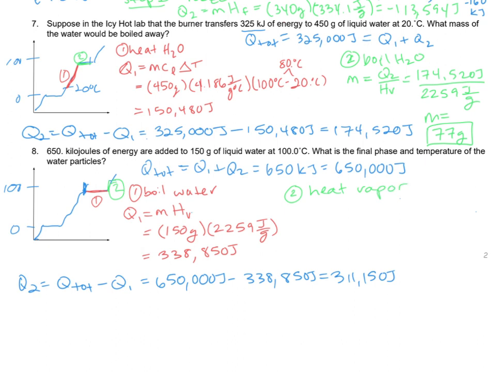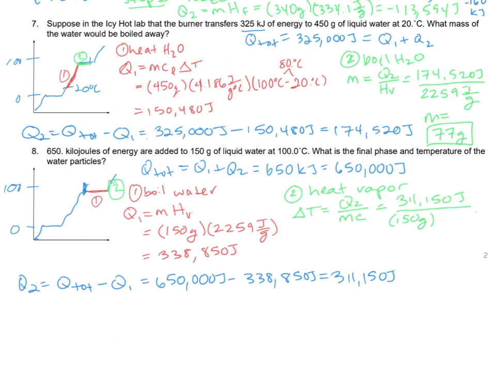So I'm going to reorganize the equation. It's a Q equals mcΔT equation, but we're solving for delta T here. So delta T is equal to Q divided by mass times specific heat. So Q2, we just figured out down here, is 311,150 joules. The mass is 150 grams.